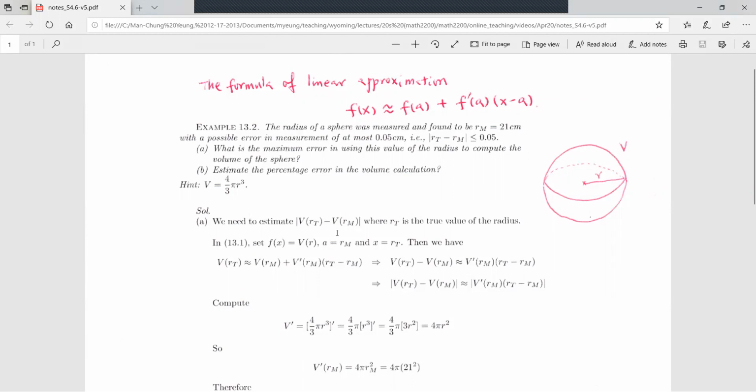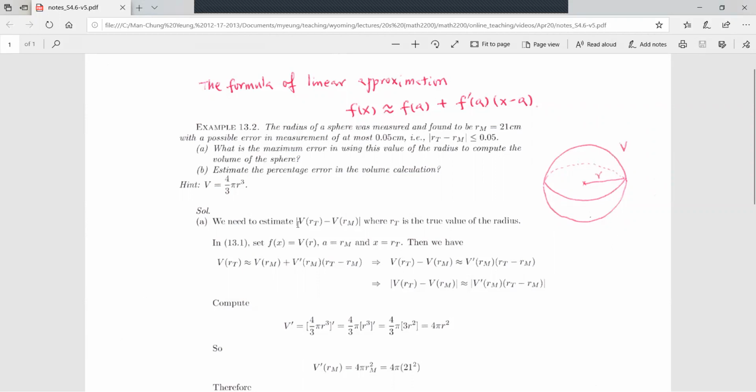This is question A. Now, question B. Estimate the percentage error in the volume calculation in question A.